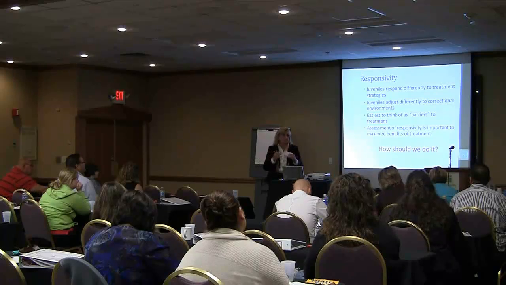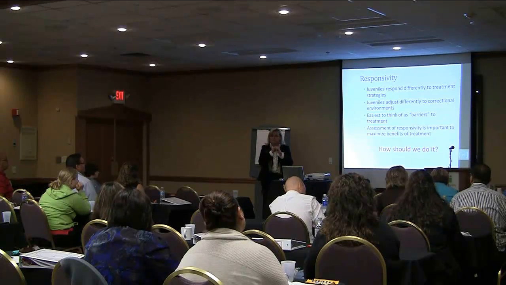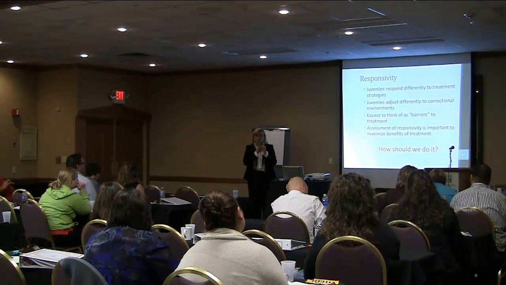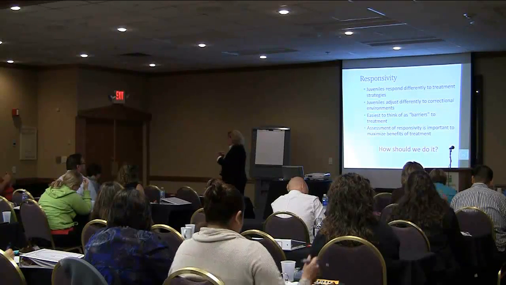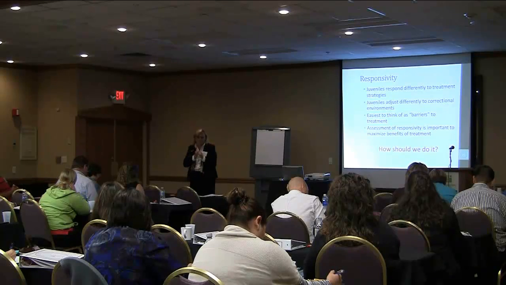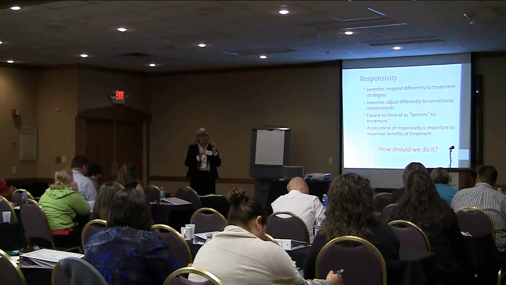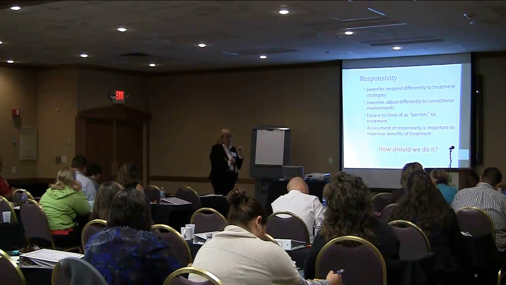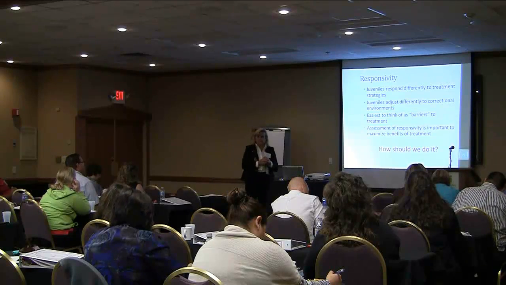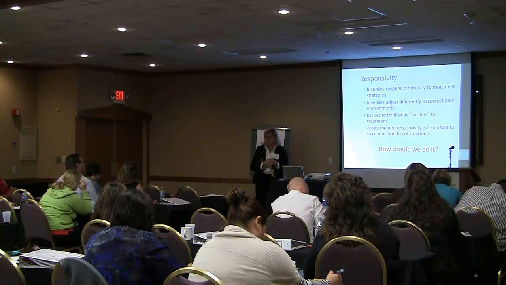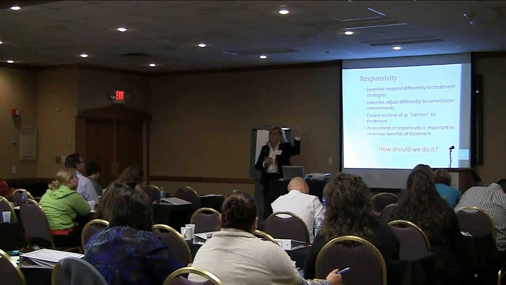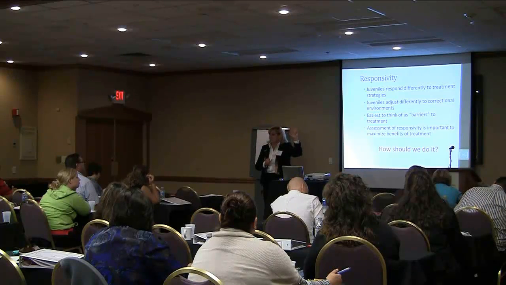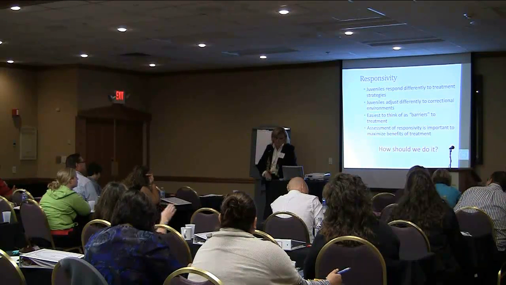Those barriers could be educational barriers, they could be transportation barriers, they could be cultural barriers. If we're not sensitive to the barriers, we are unable to appropriately target what they need. So this whole idea behind risk, need, and responsivity says those are the 3 keys for targeting appropriate interventions.